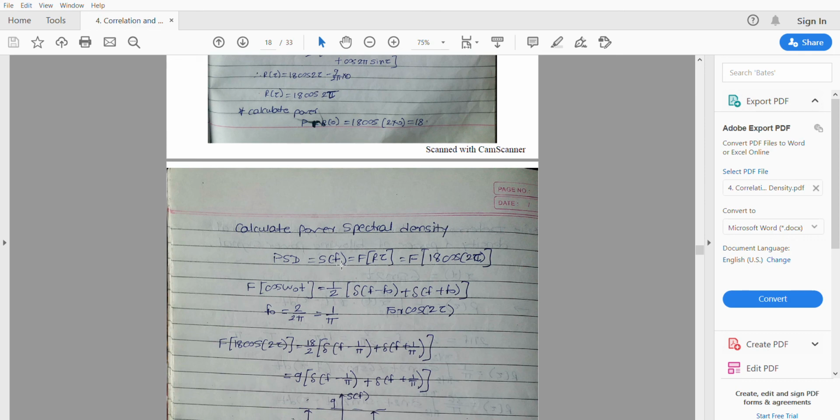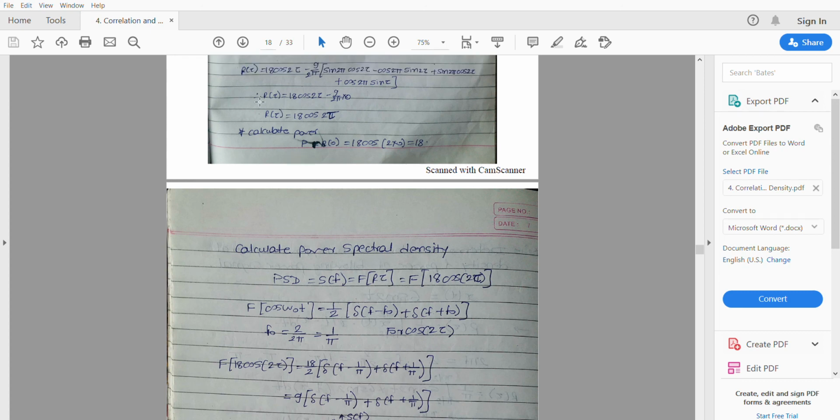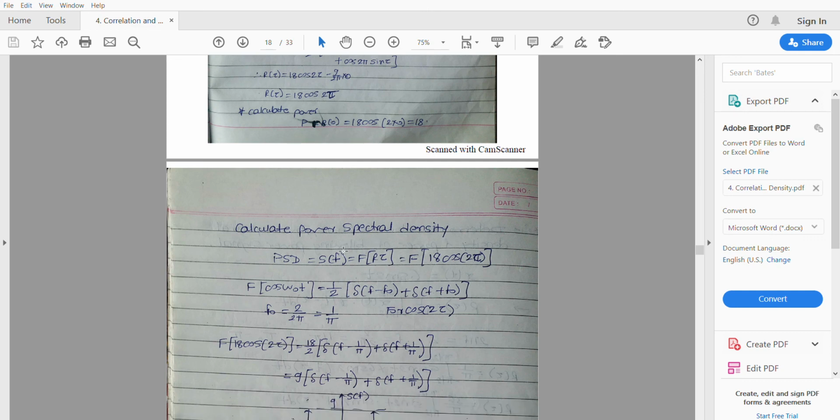So what is the power spectral density, S of f? Here we use the autocorrelation property: if we take the Fourier transform of the autocorrelation, which here is R of tau equal to 18 cos 2 tau, we get the power spectral density, PSD. The Fourier transform of cos is 1 upon 2 times delta of f minus f0 plus delta of f plus f0.